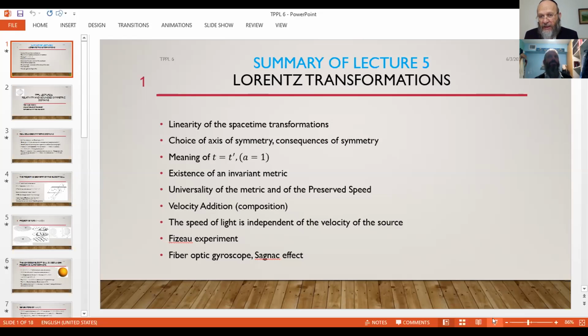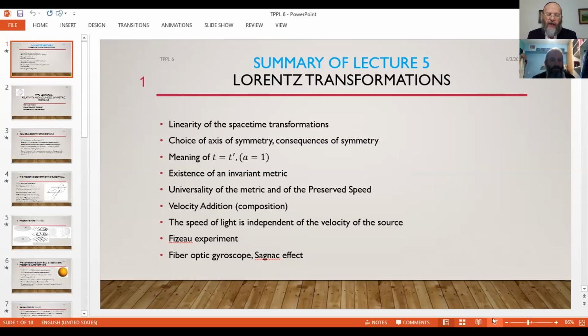We found out these transformations define your velocity addition, or mainly composition. And from this addition, we were able to resolve two shortcomings of classical physics. The first one is that the speed of light is independent of the velocity of the source. This resolved the Michelson-Morley experiment, which couldn't be explained within classical physics.